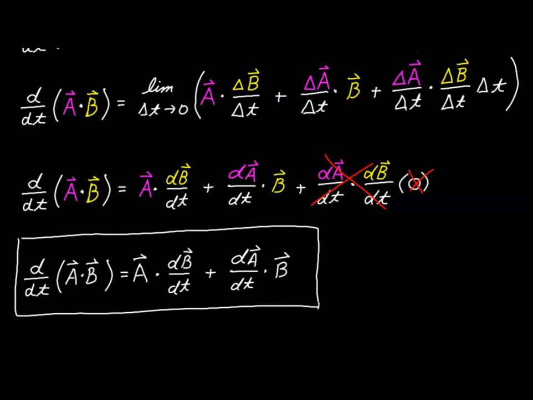Works exactly the same way. The first vector dotted with the derivative of the second plus the derivative of the first dotted with the second. Works the same way, and the proof of it is almost identical to what you'd use to prove the product rule for ordinary functions.